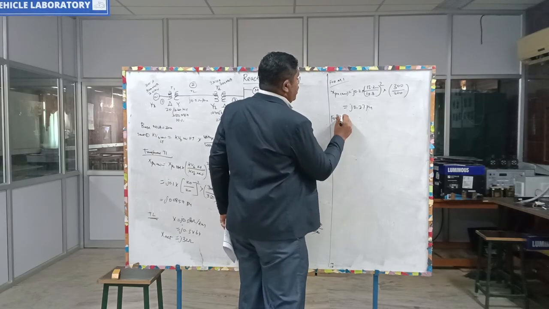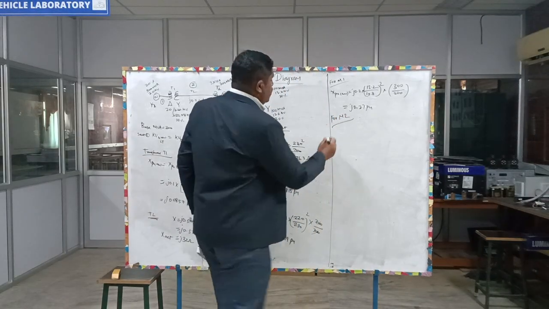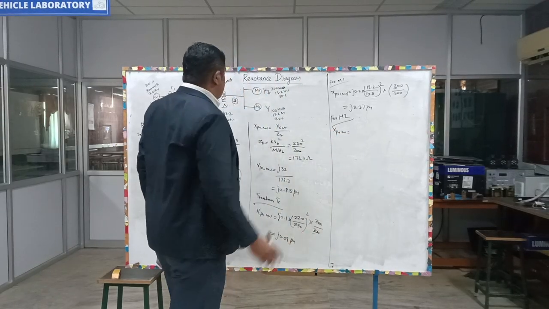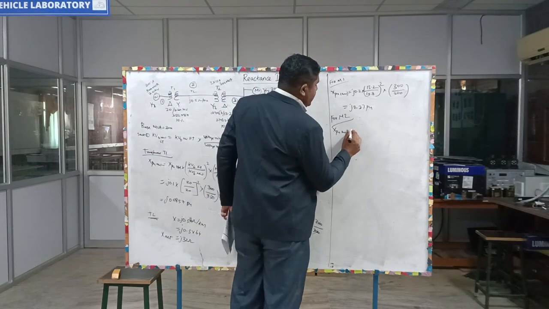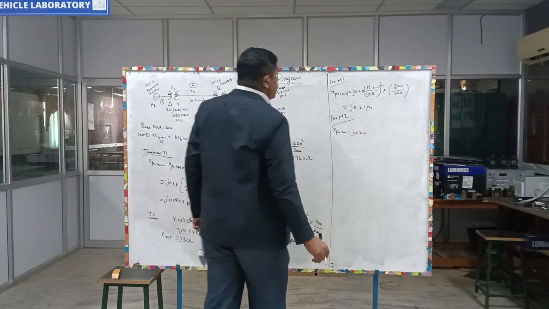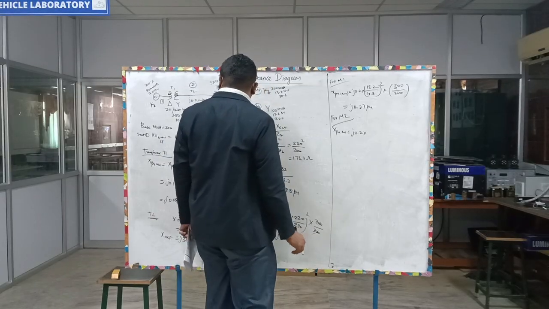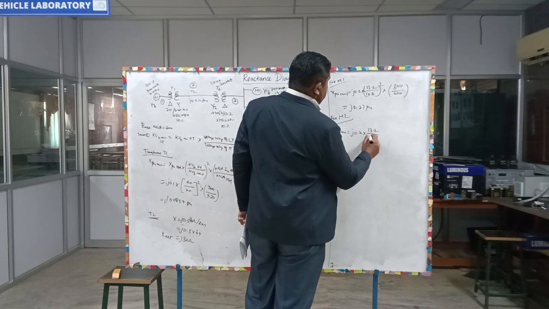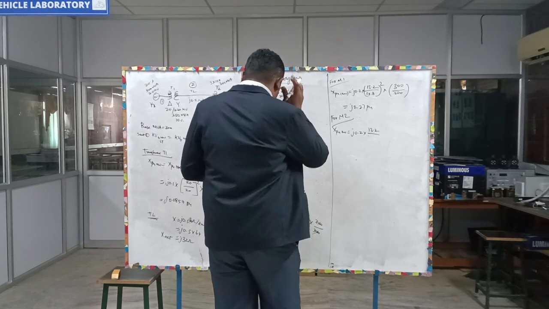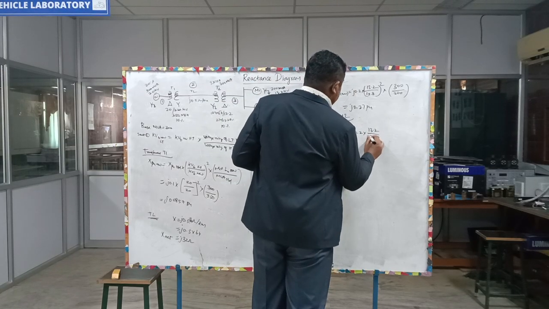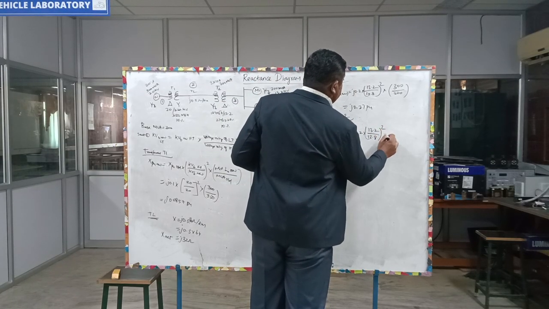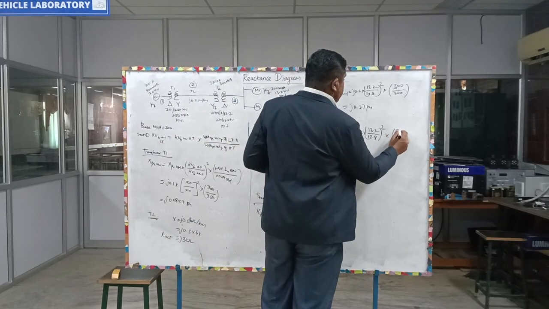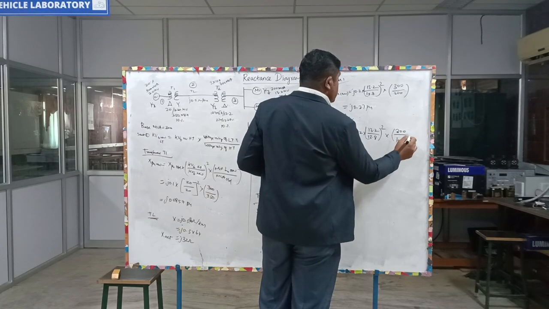Similarly, for motor M2, X per unit old is 20%, so J0.2 into kV base old by new. kV base old is 13.2 divided by 13.8, whole square, into MVA base new 300 divided by old, which is 100.